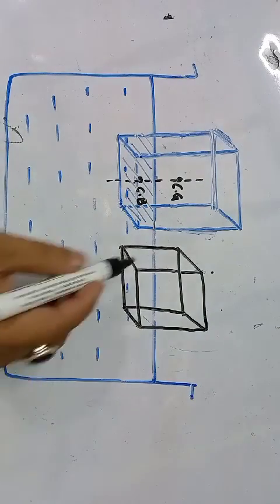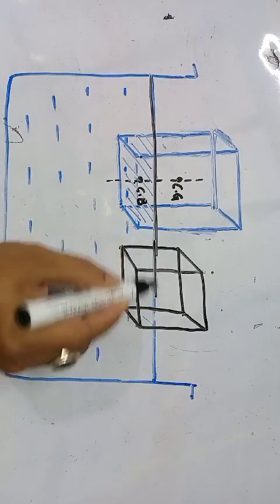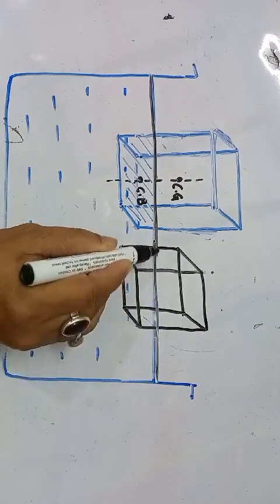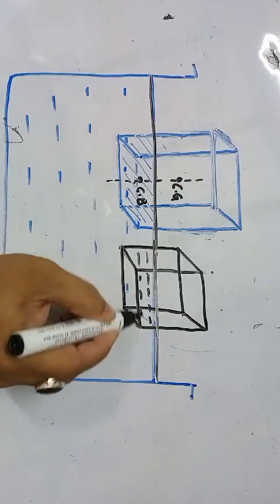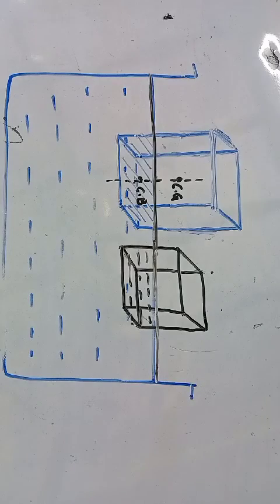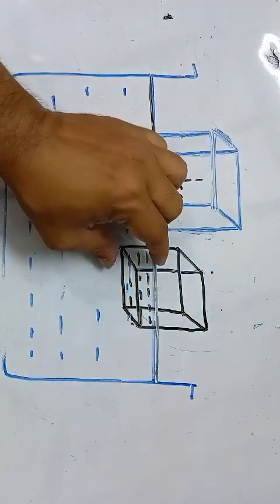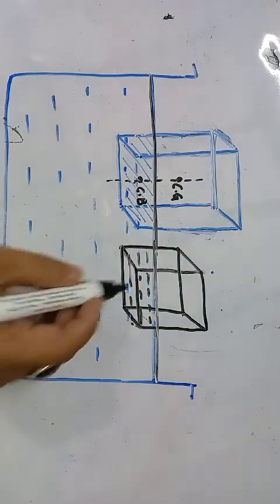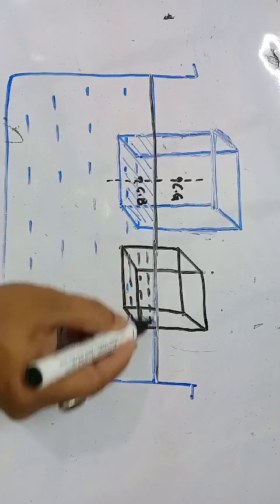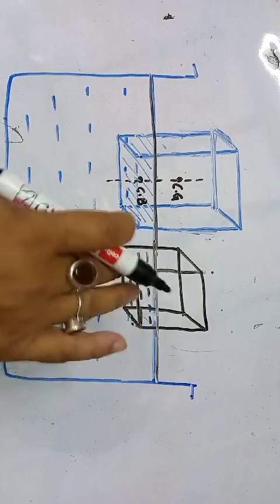Let's suppose that this is the situation now, where you have liquid all through over here. Now you can see that this body has been immersed so that half of it is below water and half is above water, so that this line of demarcation lies exactly at the middle height.